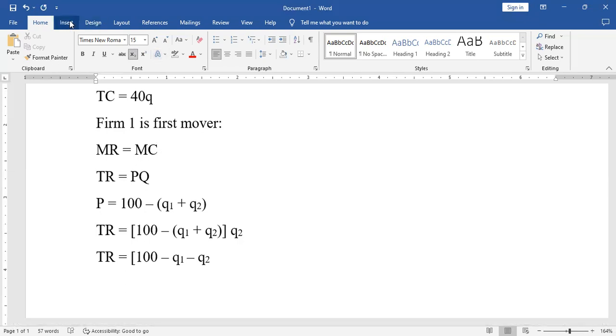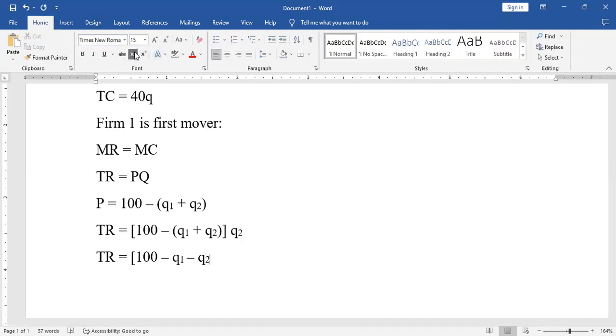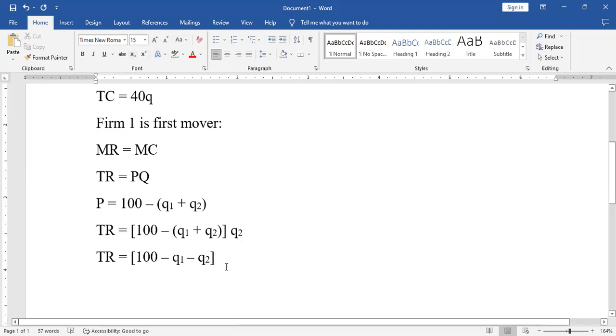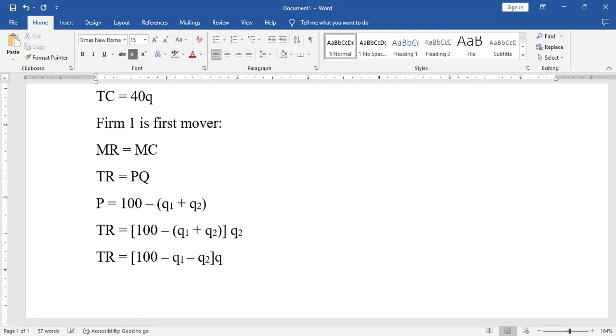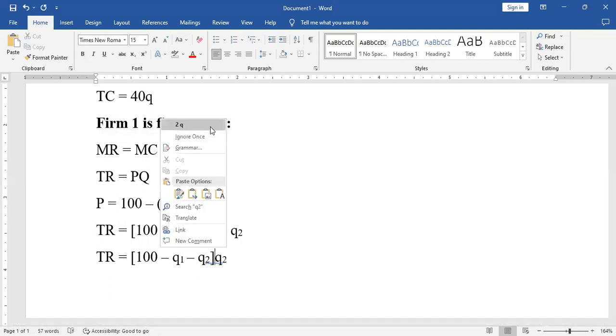I haven't yet multiplied it by Q. I'm looking forward to multiplying it by Q2. Why Q2? Because I'm interested in the reaction function for firm 2. We want to see how firm 2 reacted when firm 1 moved into the industry. So we're just looking at that reaction function.